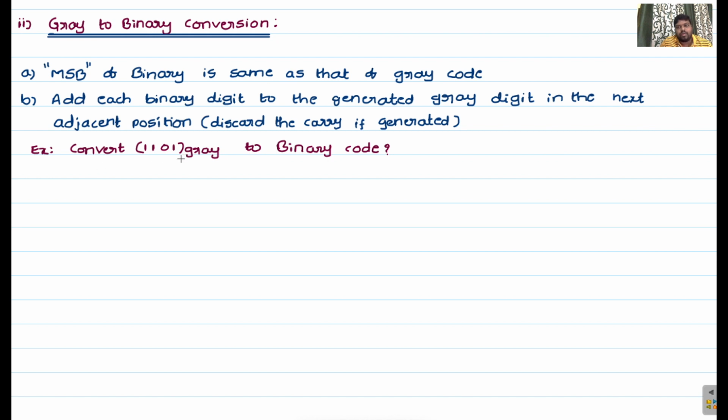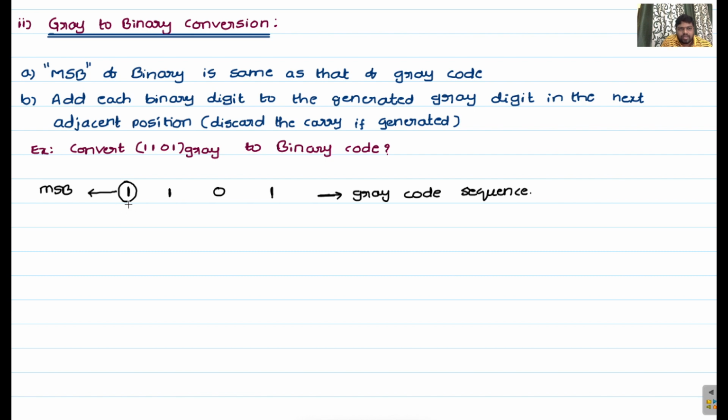This is gray code. So from this gray code you have to convert to binary code. How do you convert? First you take the gray code sequence, that is 1 1 0 1. This is your most significant bit, and this is your gray code number. First you take this most significant bit as it is in the binary conversion, right?